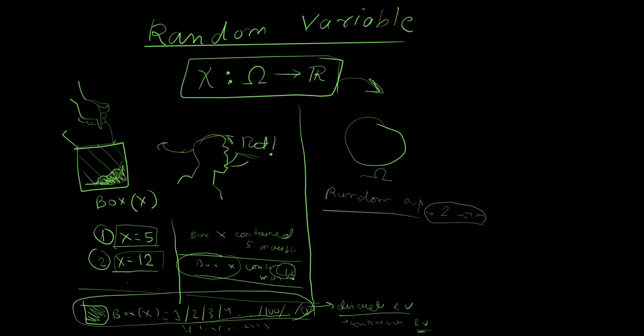The set of all possible outcomes is head-tail, tail-head, head-head, and tail-tail, the four possible outcomes. Now, a mapping is nothing but a bridge from the sample space country to the real number country.